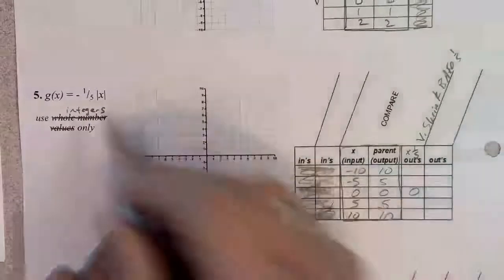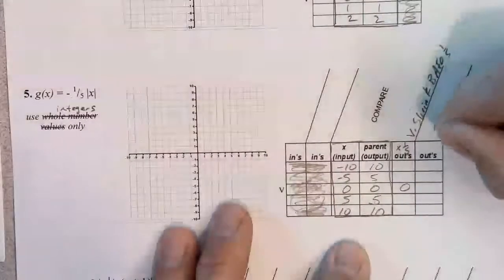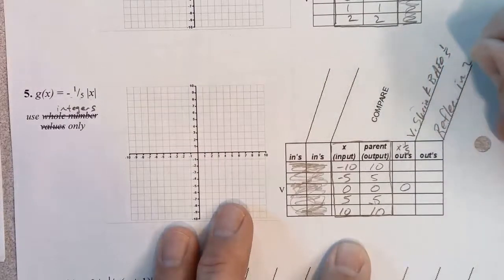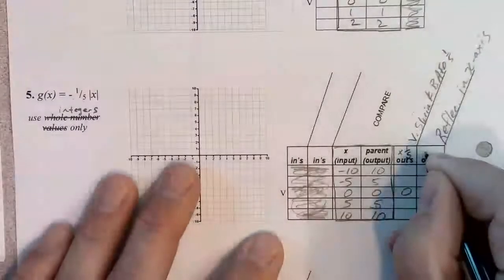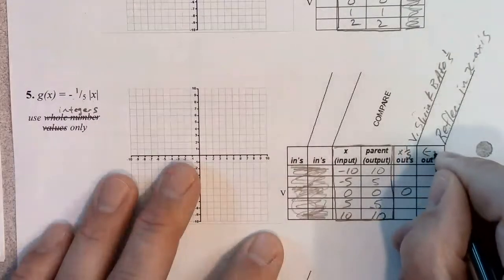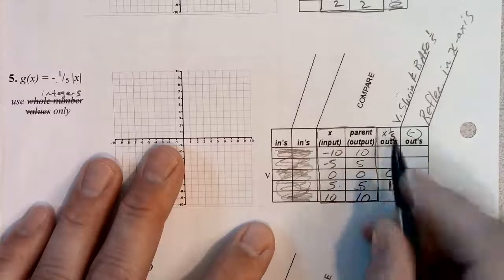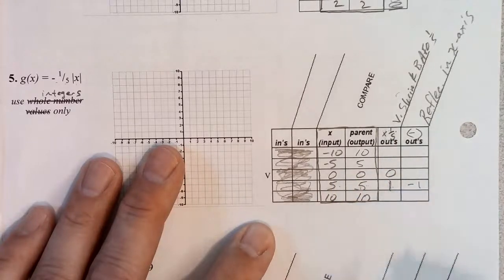What's the negative do? Reflection of the x-axis. Yeah, this is a reflection in the x-axis. And really that just flips all your signs. Okay, it's like multiplying by -1. It just changes the sign. So for instance, if I get 1 here, because I multiply 5 by 1/5, I get 1, then I change the sign, it becomes -1.